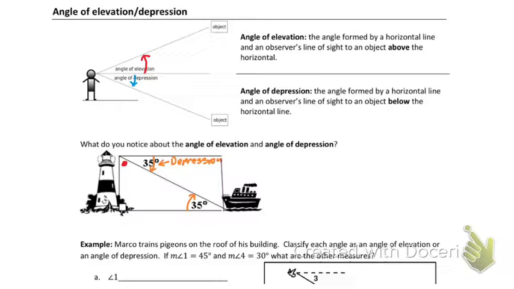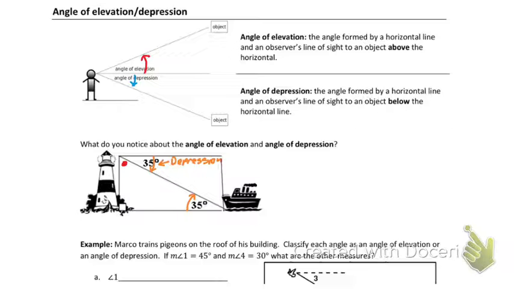I do want to note that both of those angles are going to be congruent because they are what? Why are those two angles congruent? Always. Ellie. It's just parallel lines. Yep. Does anyone know what those angles are called? Kate? Alternate interior. Those are alternate interior angles, so they're always going to be the same. So if someone gives you an angle of depression, and you'd rather talk about an angle of elevation, you can always change it.